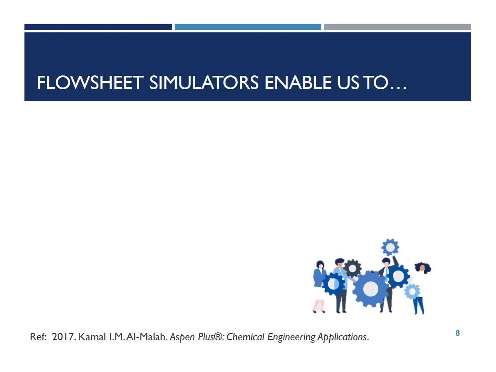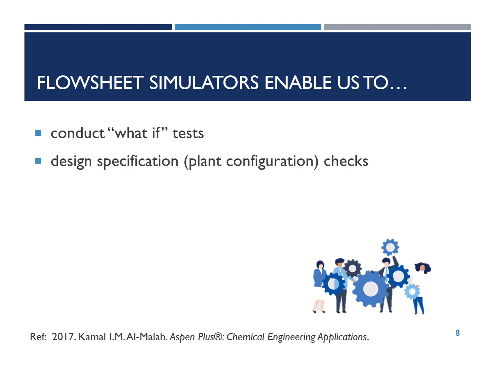Flowsheet simulators like ASPEN Plus enable us to do many tasks such as conduct what-if tests. For example, what the reactor diameter will be if the reactant flow rate is doubled. Or to perform design specification checks.